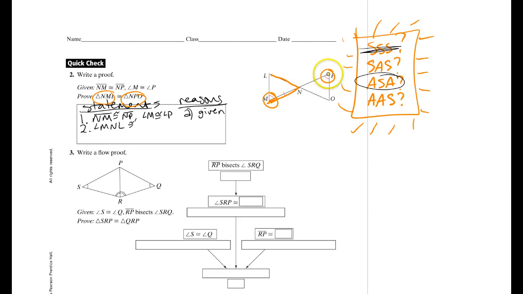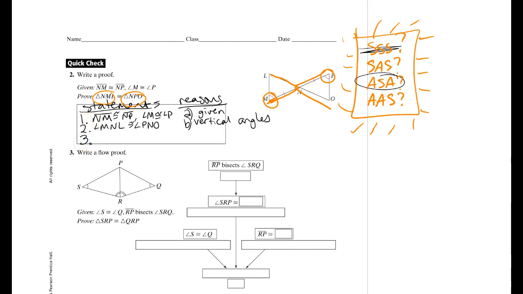So I'm going to call this other angle PNO. Congruent to angle PNO. Why can I say that? Because they're vertical angles. There it is again. When in doubt, vertical angles, I think could be a good rule for this section.